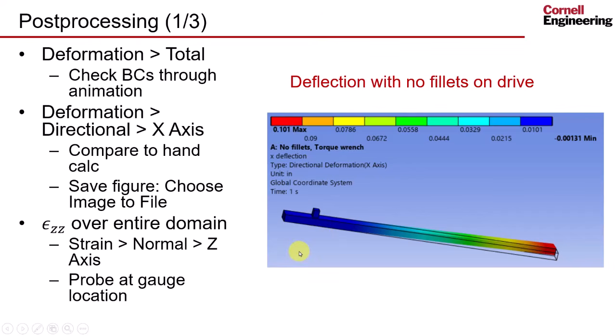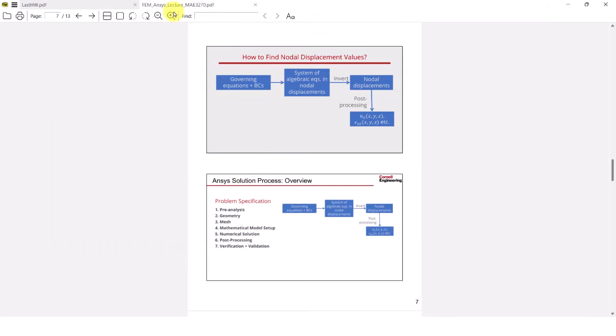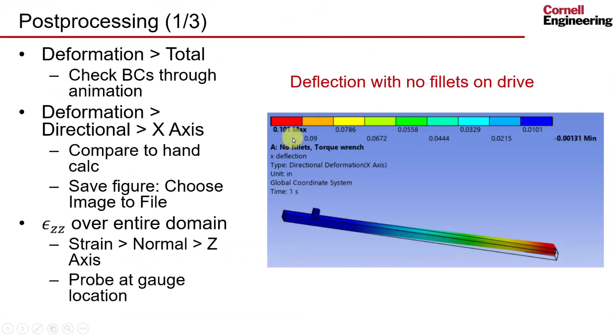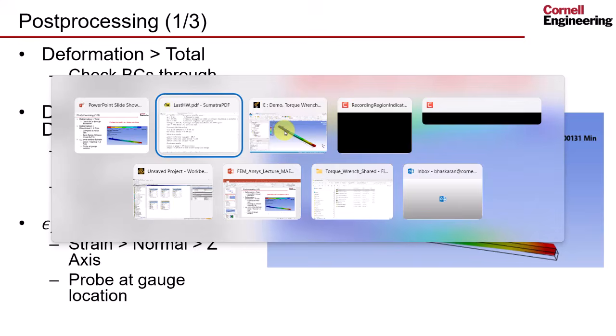If I compare that to the hand calculation result provided by Professor Zender, it's around 0.1 inch. So without the fillets, it's very close to the hand calculation.